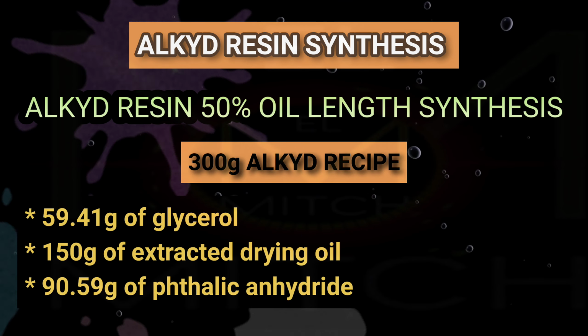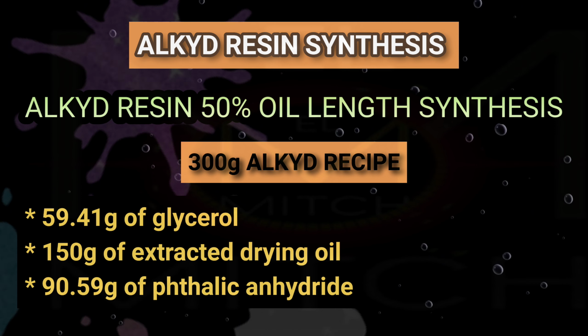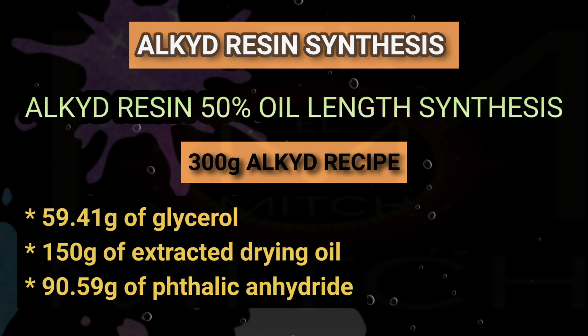The alkyd resin calculations would give you an insight into how much of the acid anhydride, the glycerol, and the drying oil you have to weigh exactly for the alkyd resin synthesis. So for the 50% oil length, I'm going for making a 300 gram paint formulation.